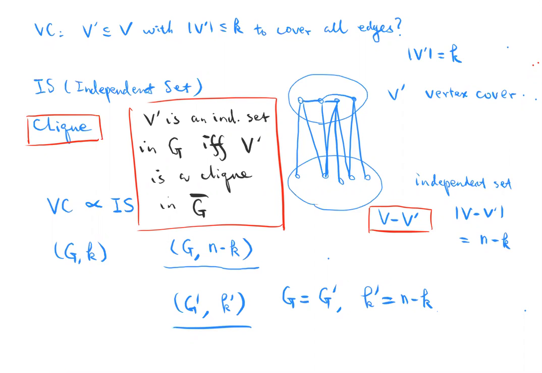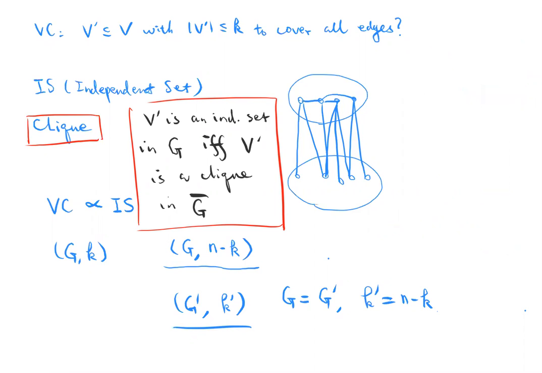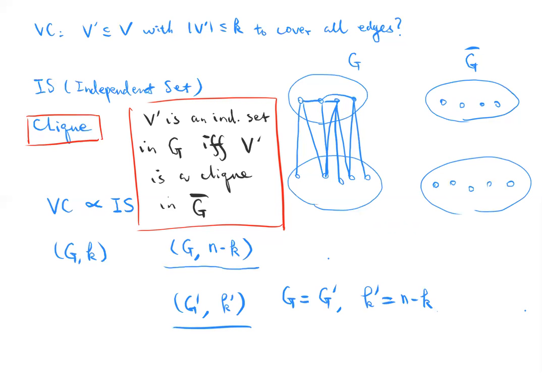Let me draw something here first. So this graph G and its complement graph G prime: edges become non-edges and non-edges become edges, while the vertices remain the same. Red edges are the edges inside.